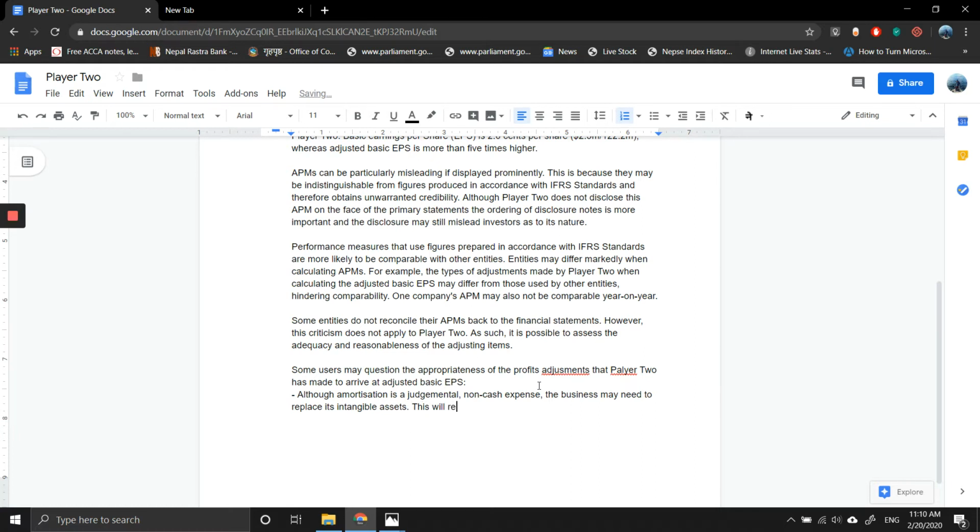This will require investment. Moreover, amortization of brands should reflect their pattern of use. Pattern of use, right?